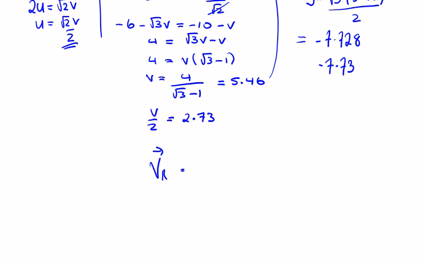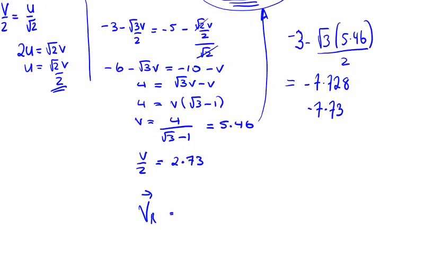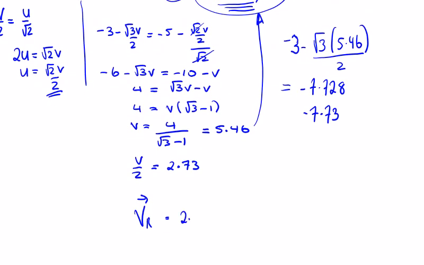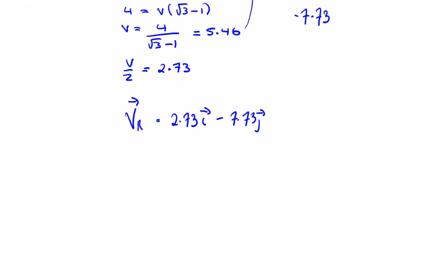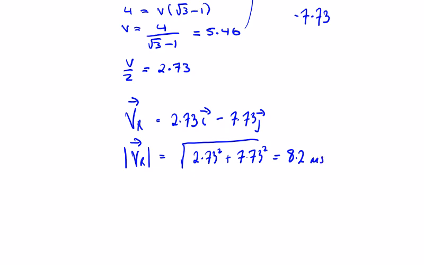So the velocity of the rain is, what do we get? We get my v over 2 component, 2.73 times i, and we have a minus 7.73 times j. So the magnitude and direction is the square root of 2.73 squared plus 7.73 squared, which works out to be 8.2 m s to the minus 1.